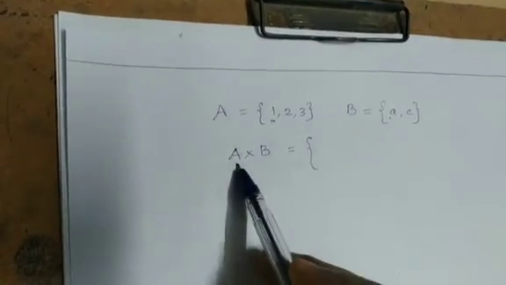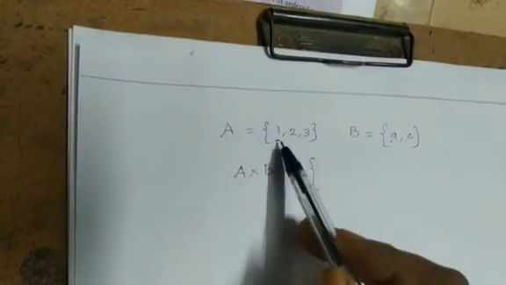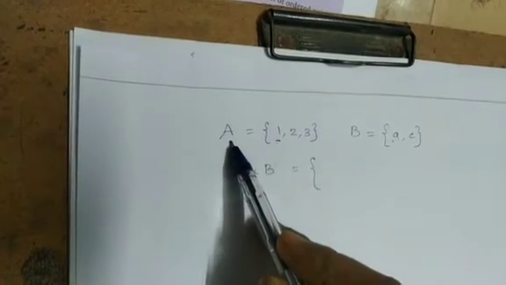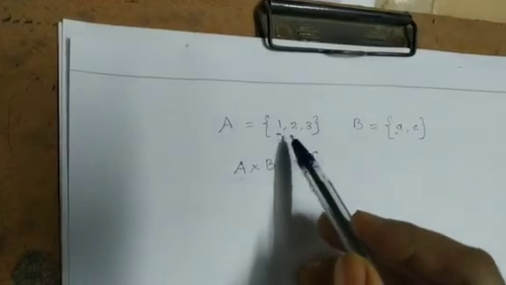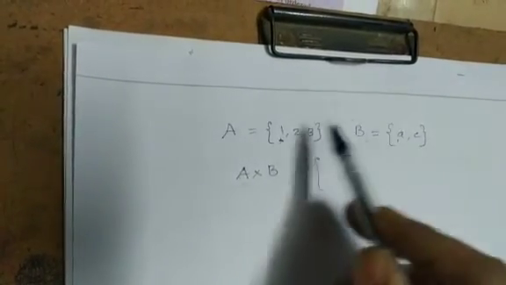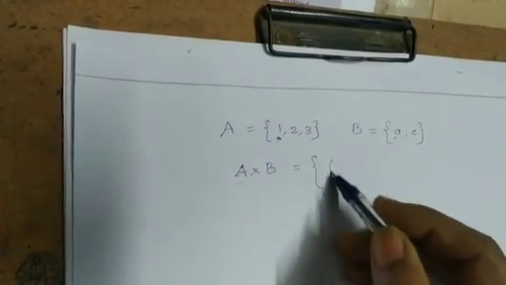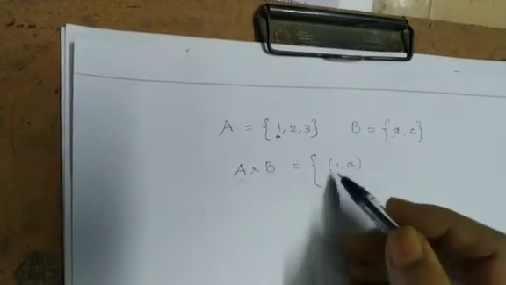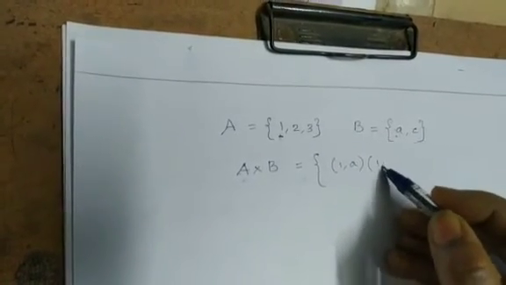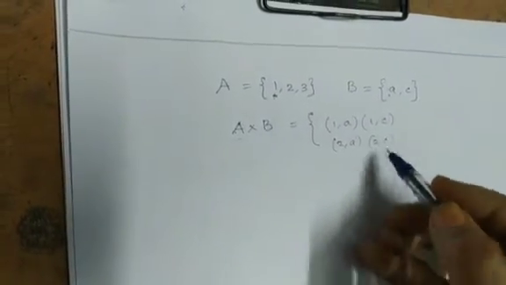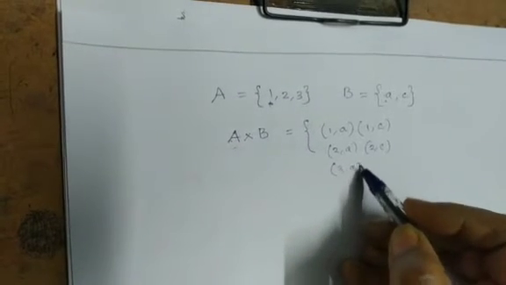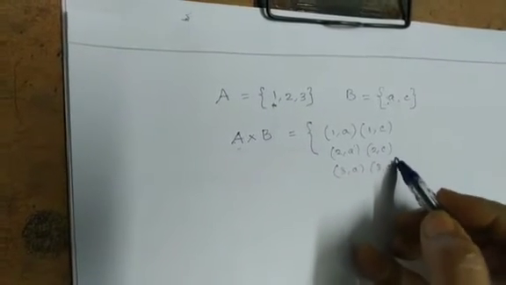Here the first set is A, no. Therefore, the element of A is paired with the element of B. How will you pair this? (1, a), (1, c), written in ordered form. And then (2, a), (2, c). Next, (3, a) and (3, c).